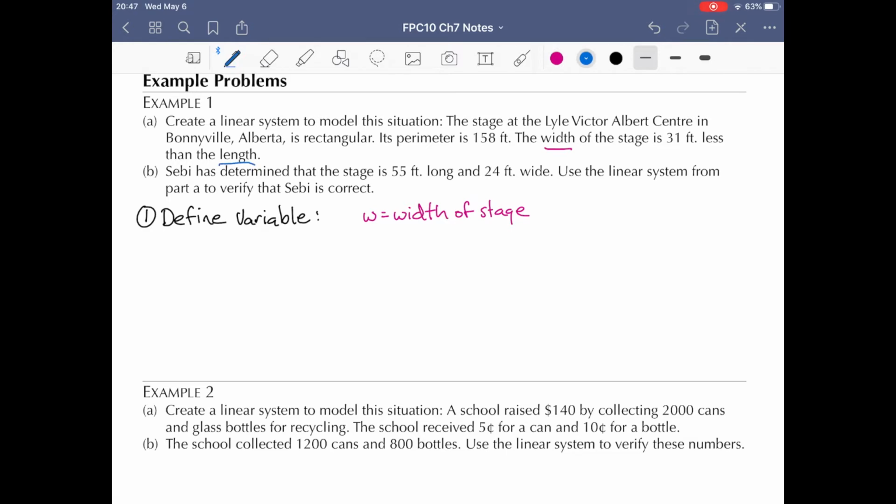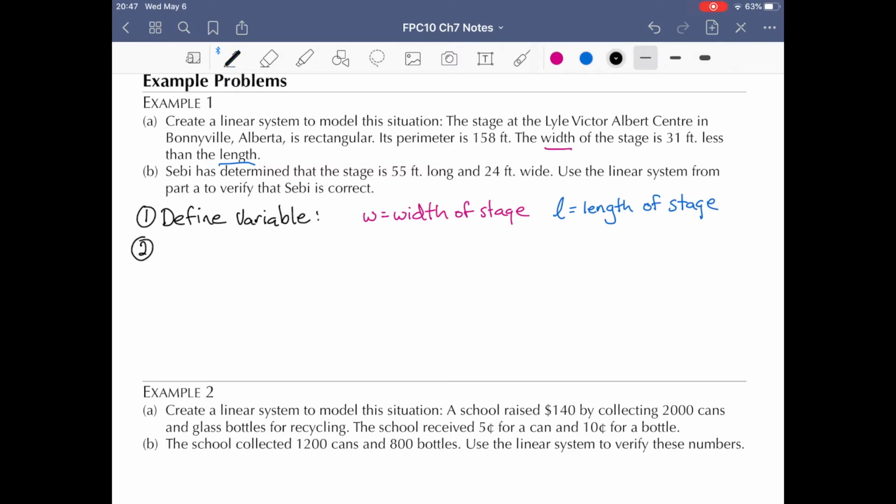Second one is the length of the stage. I always use a cursive L so that it doesn't get mixed up with the number 1.